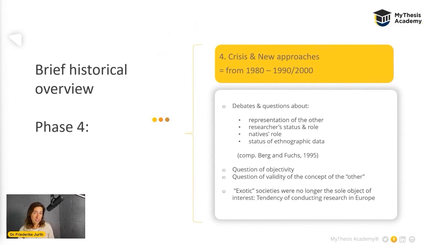Around the 1980s, the phase changed, and anthropology stepped into a crisis. But not only a crisis, also a moment of new approaches. Here, some debates and questions came up, like how the other, the people who are investigated, are represented. Then, what is the researcher's status and role?